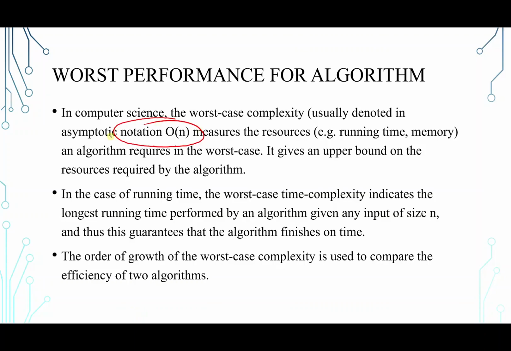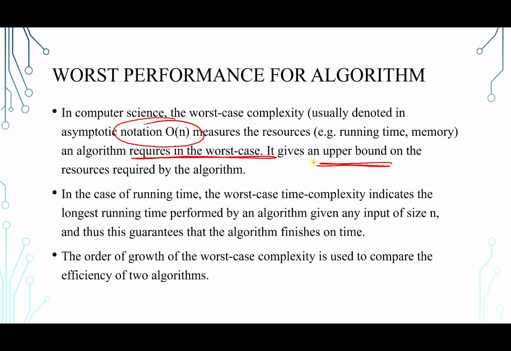This is why we started big O notation, because it measures the resources, whether it's running time or memory, that your algorithm requires in the worst case. So it gives the upper bound of the consumption.